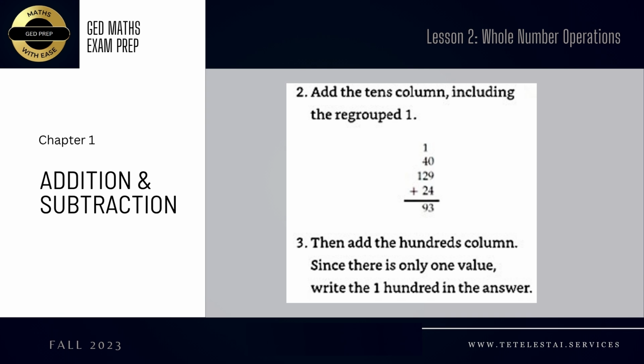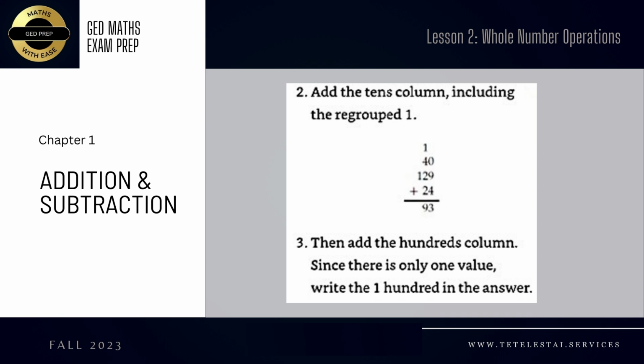You already know what 0 plus 9 plus 4 is, and you already know what 4 plus 2 is. But in this situation, because we had to regroup and carry 1 over, we're adding 1 to the tens column. We have nothing but 1 in the hundreds column. And so we know how to add this number without a calculator, right?